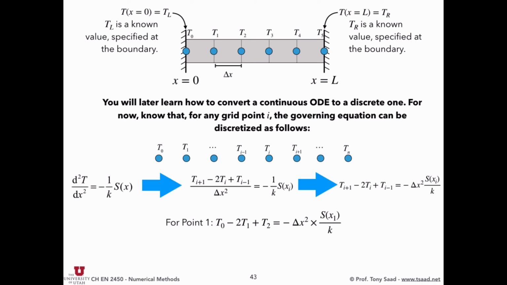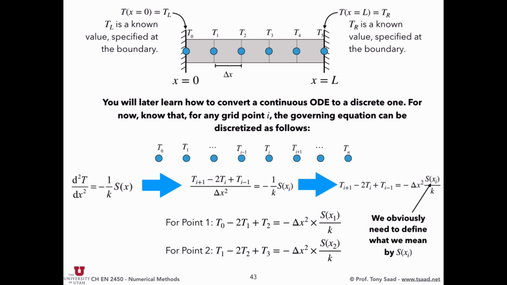This gives you T0 minus 2T1 plus T2 equal minus delta x squared S at x1 over k. For point 2, you get T1 minus 2T2 plus T3 and so on. So you can repeat this process for an arbitrary number of points. But we obviously need to define what we mean by S(x1), S(x2), or S(xi) in general.